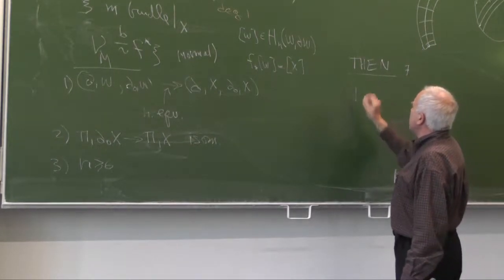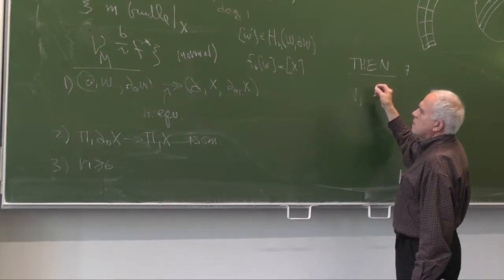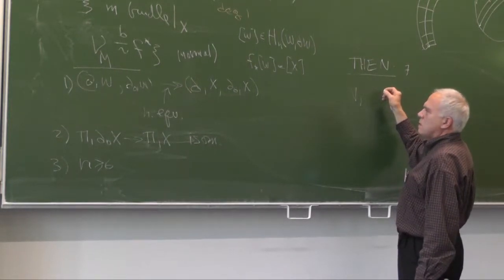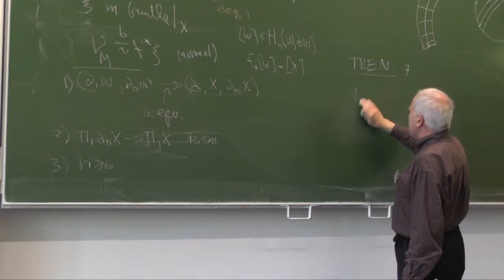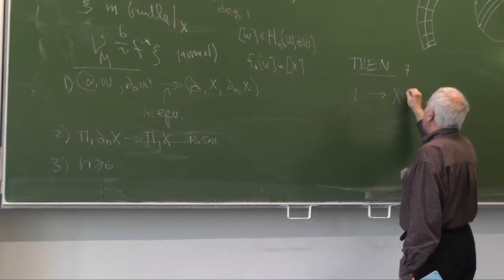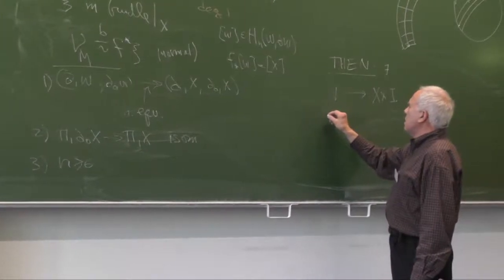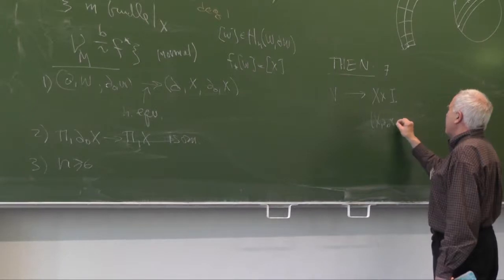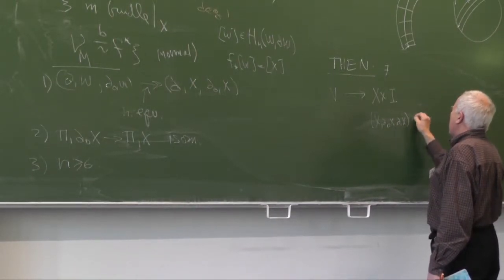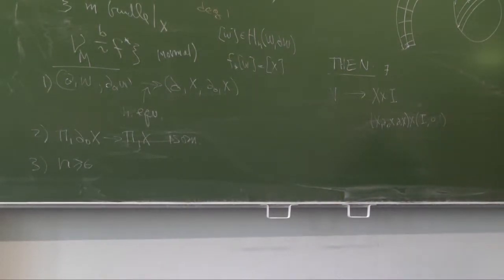V. V to X cross I. So this has, what is this? This is X, boundary 0 X, boundary 1 X, cross I, 0, 1. So I guess this has 4 pieces of the boundary.